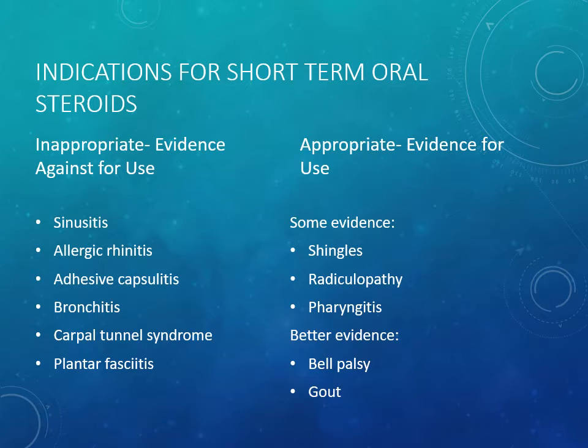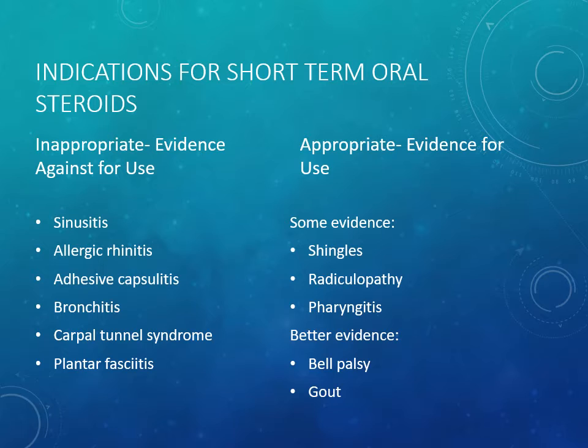Unfortunately, at least in primary care, we're seeing too many, I think, short-term oral steroids being used for conditions that can be treated in other ways. And so in this slide, you can see conditions that we have no evidence for the appropriate use of oral steroids: sinusitis, rhinitis, allergic rhinitis, adhesive capsulitis, like the shoulder, bronchitis, carpal tunnel syndrome, plantar fasciitis.